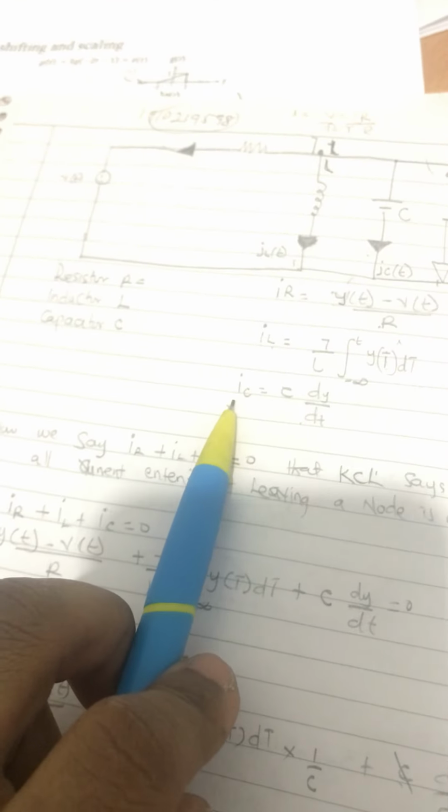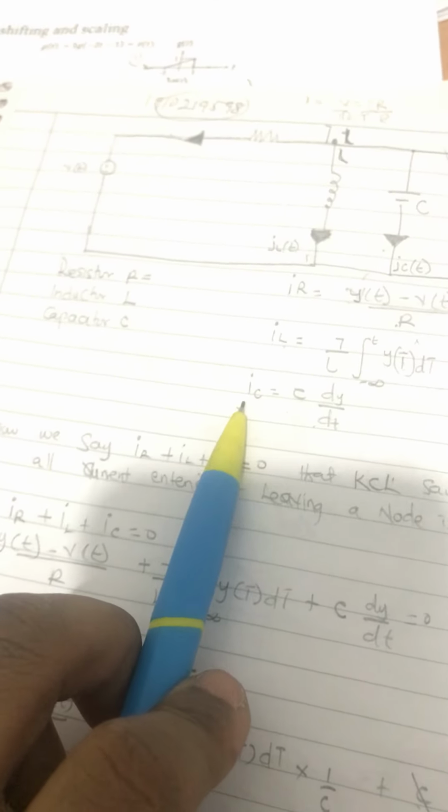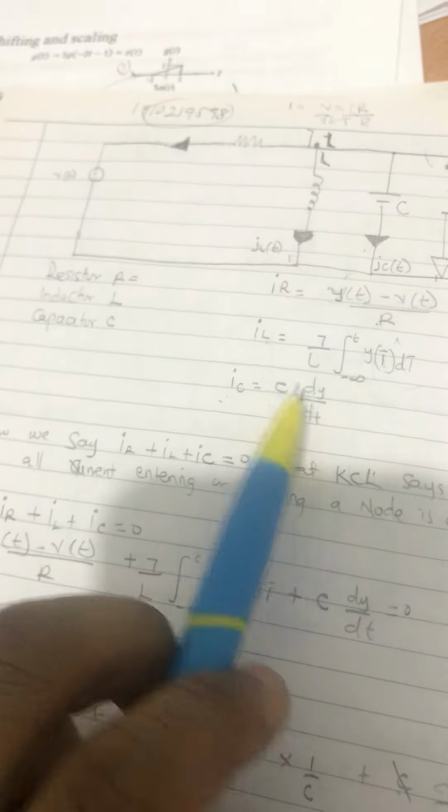And then we go here to the current with respect to your capacitor, which is C dy dt.